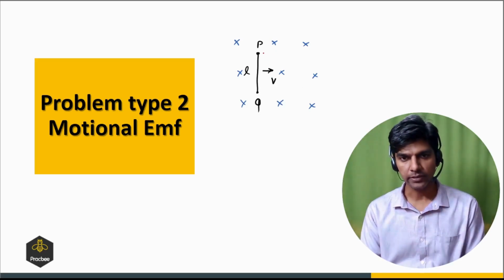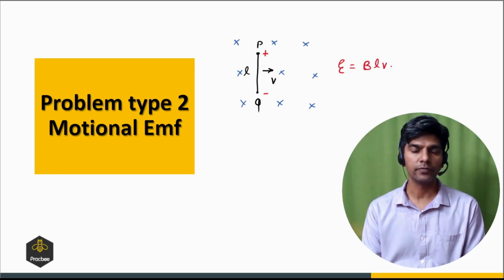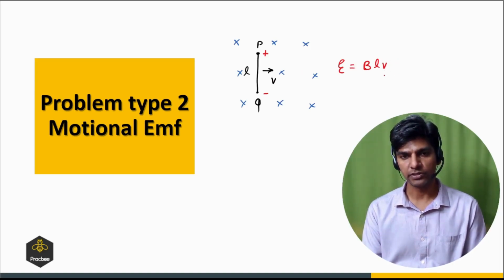So in that case, the top end will be at high potential, bottom end will be at low potential. So induced EMF will be given as BLV, where B is the magnetic field, L is the length of the conductor, and V is the velocity. So all these three are mutually perpendicular to each other.